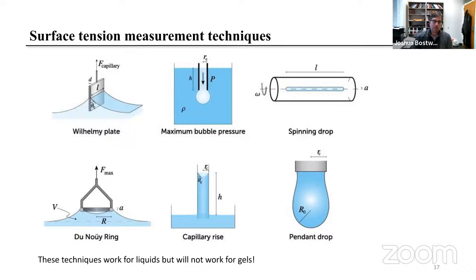I'd just like to mention that for both the Wilhelmy plate and the du Noüy ring, the classic ways you measure surface tension of liquids, these will not work for soft gels. The reason is that a gel is a solid.